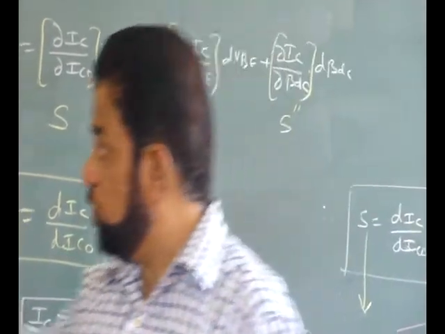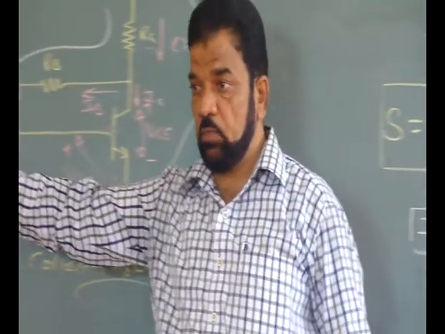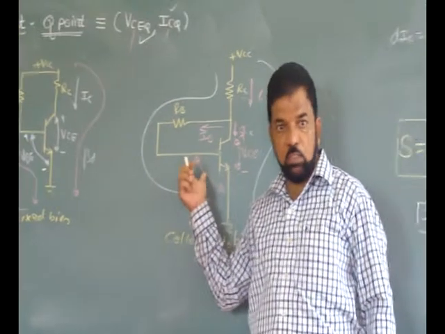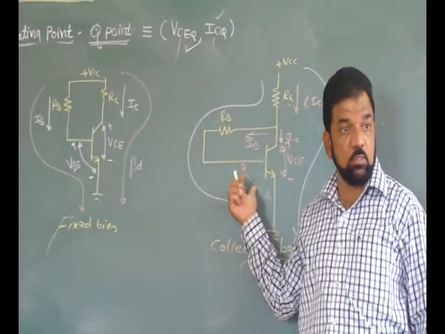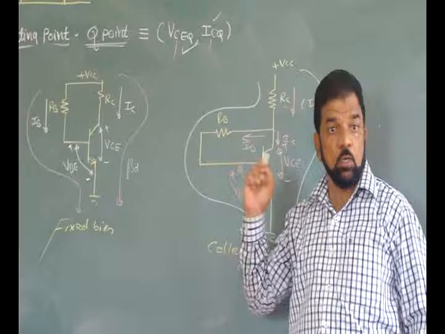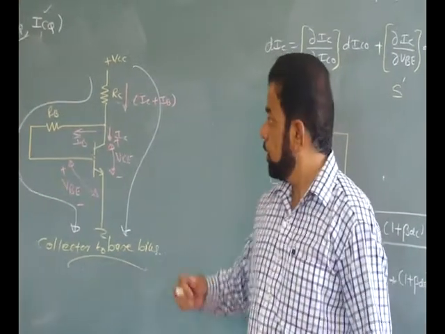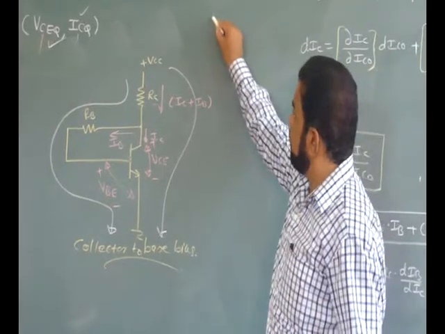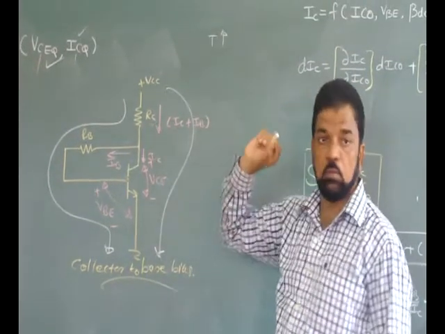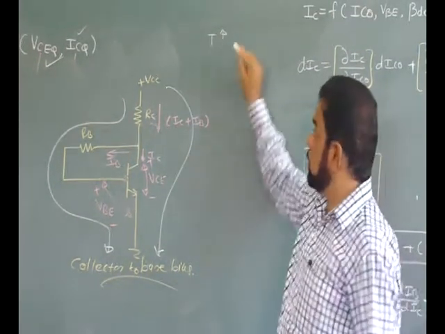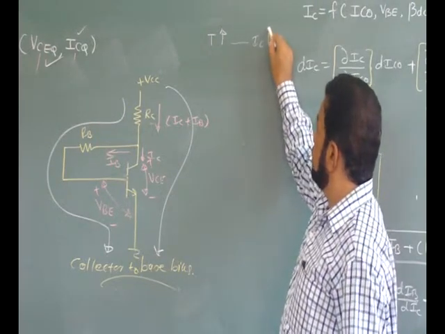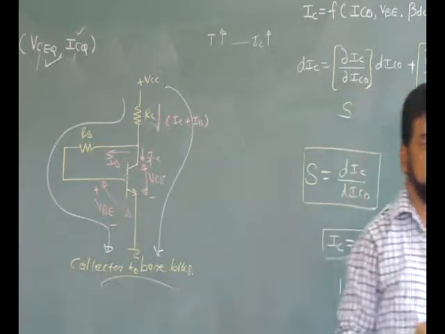But if you compare this circuitry with the first one, here some provision is there, some provision for compensation that is there. Just pay attention here. Suppose there is increase in temperature. What is the result? Final result? IC increases.